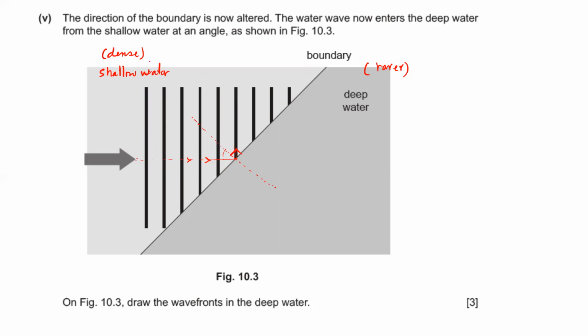Remember, when you enter from denser to rarer, this is a key thing, you move away from the normal. This is the normal direction, and the wave must move away from the normal.